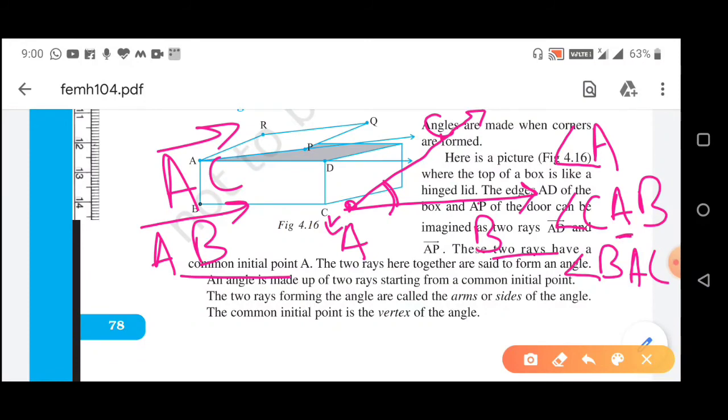In CAB, A is in the middle, and in BAC, A is in the middle, and alone we can write angle A. Now, ray AC and ray AB are called arms or sides of the angle. The common initial point is the vertex of the angle. So here the common initial point is A, and A is the vertex of the angle.